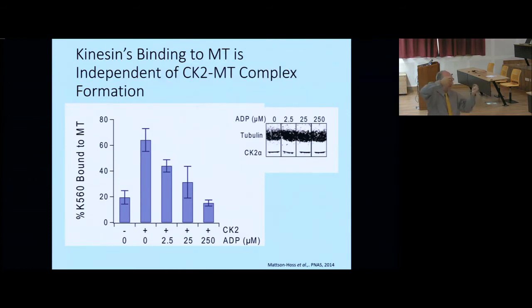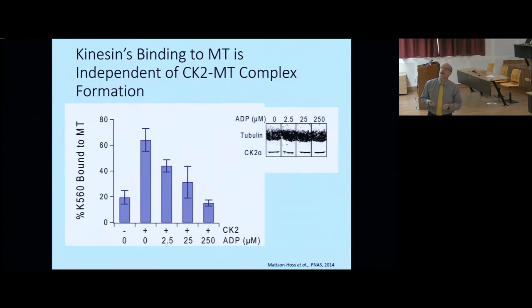What we see is that as we add increasing amounts of ADP, we get less and less kinesin bound, but the amount of CK2 on the microtubule stays the same. So that suggests that CK2 really is changing the amount of active motor, and it's not due to it being linked to the microtubule per se.